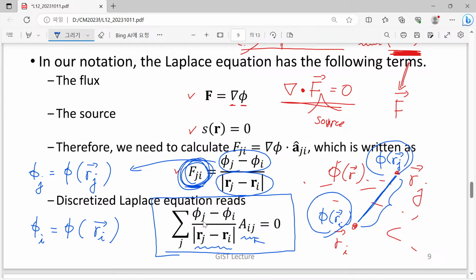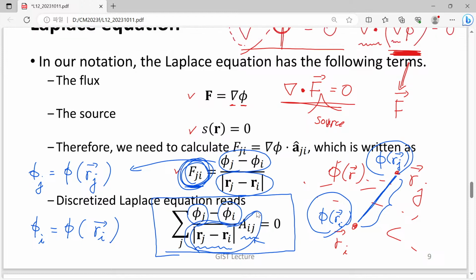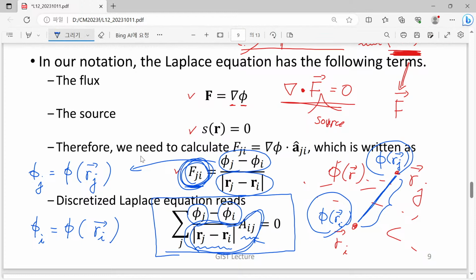The remaining task is just taking the difference of two neighboring function values, then multiplying by a certain number. However, this certain number is already given when you fix your vertex points. Okay, so everybody, are you with me?